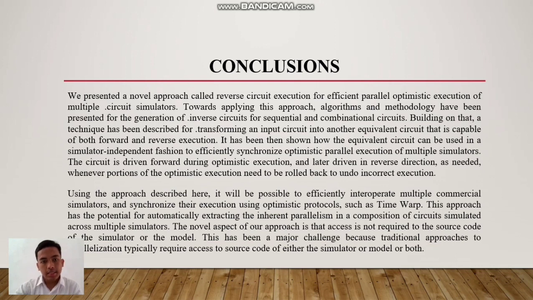It has been shown how the equivalent circuits can be used in a simulator-independent fashion to efficiently synchronize optimistic parallel execution of multiple simulators, with the circuits driven in forward during optimistic execution, and later driven in reverse direction as needed whenever a portion of optimistic execution led to rollback to undo incorrect execution.